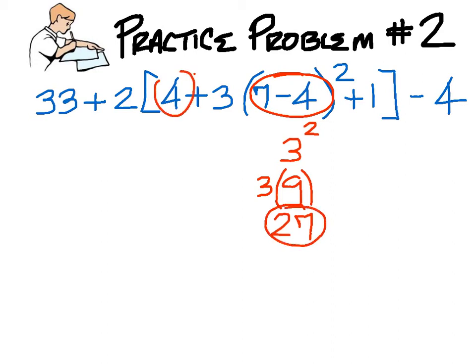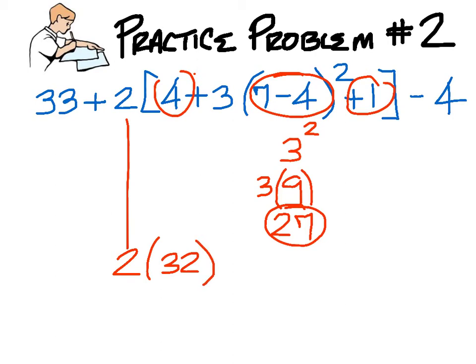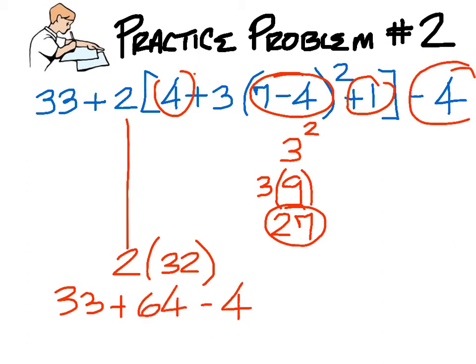So 4 plus 27 is 31, plus 1 is 32. 32 times 2 is going to be 64. So 33 plus 64 minus the 4 from back here is going to be 97 minus 4, which is 93.